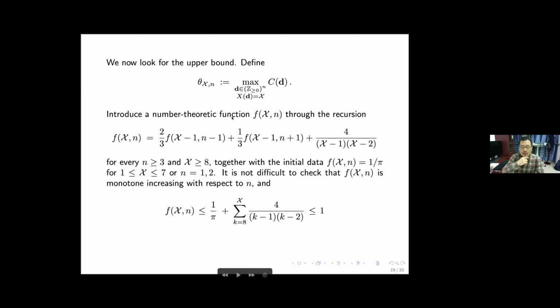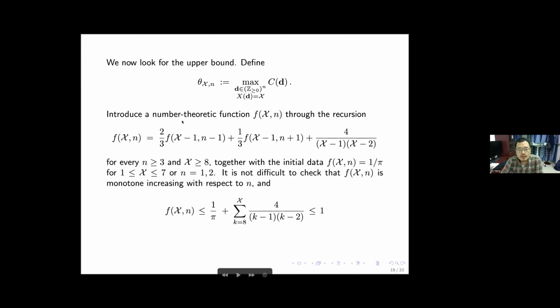For that, first we define a function called theta chi n. This theta chi n is defined when x_d is this sum of 2d_i plus 1. When all x_d equal x, we consider the maximum of this c_d with x_d equals x, and we call it theta x n.